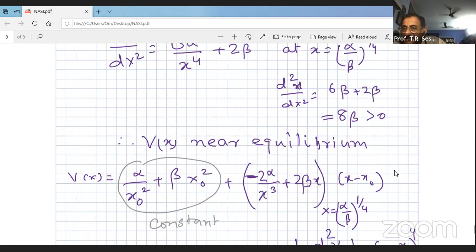The first derivative term is 0 because of our construction. This bracketed term at x equal to alpha by beta to the power 1 by 4 will be 0. So this term will go away.